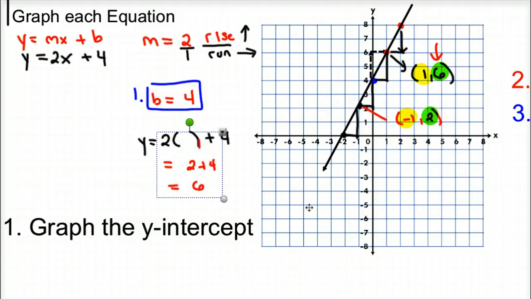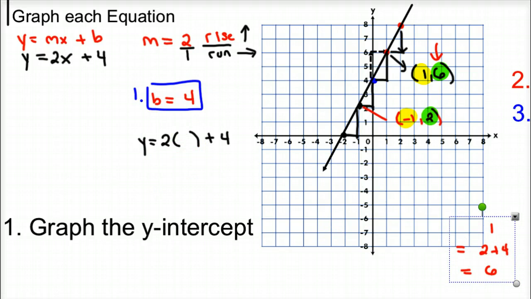Let's take this next one here. Let's plug in this input here, -1. So 2 times -1 is equal to -2, plus 4. -2 plus 4 is equal to 2. That one checks out. So now we have verified that both these points work, and the rest of the points should work as well.